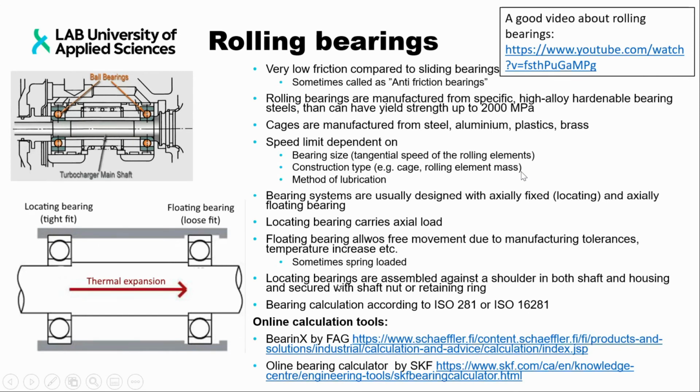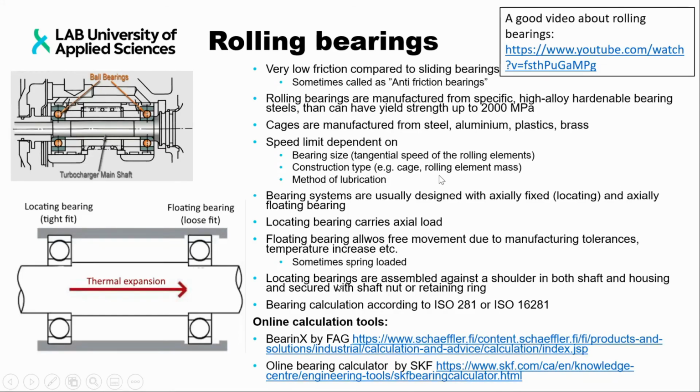Hybrid bearings, for which the rolling elements are made of ceramic material, usually provide higher speeds because the ceramic material is of lesser weight compared to steel. Lubrication is also affecting the limiting speed.